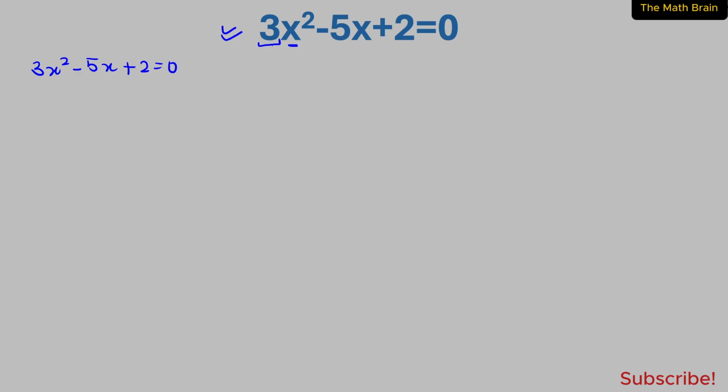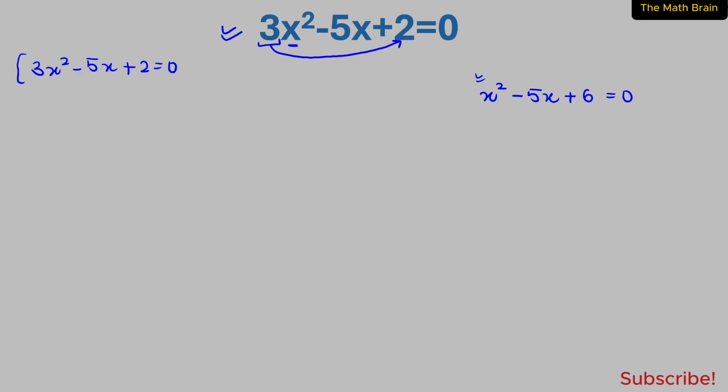So we are going to multiply this term with the last constant. So we will get x square minus 5x plus 6 is equal to 0. We are going to find factors for this equation, but we are going to write it as this term only.